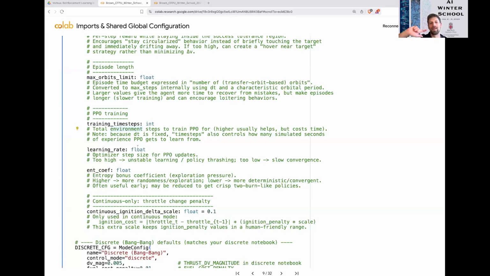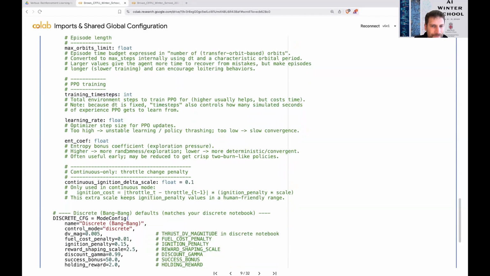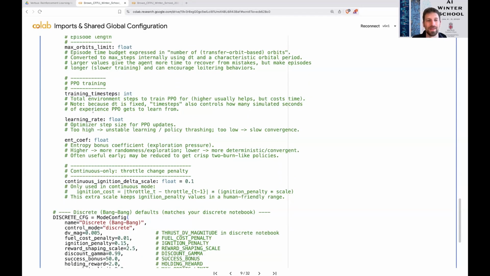And then there are the total number of iterations you did across all the trajectories, summing up all of those. That's what we're setting here for training time steps. It's the total number of time steps you do across all your trajectories in your simulation, so that dictates how long the simulation runs.